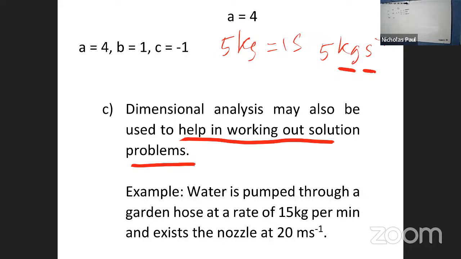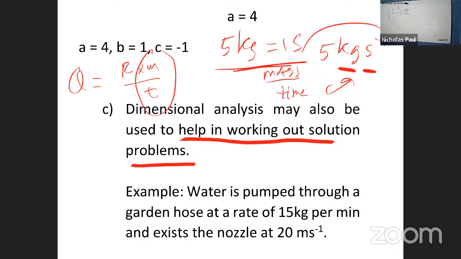So what you have here is mass divided by time, correct? So just suppose you had a formula, Q is equal to R by M on T. Can you see where M and T comes from? M and T is this here. Okay, so by looking at the SI units, you can figure it out, right?